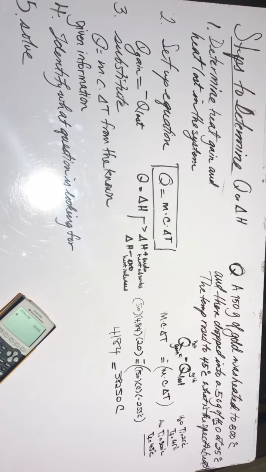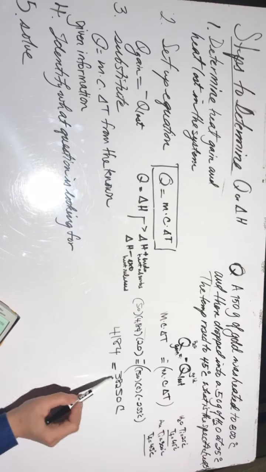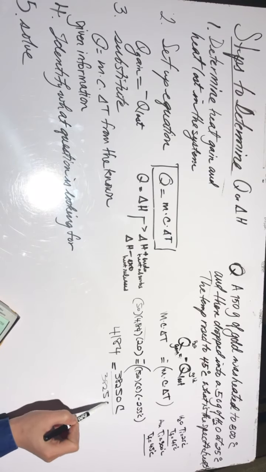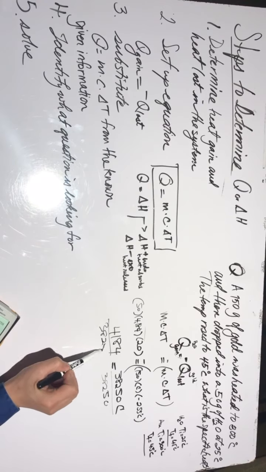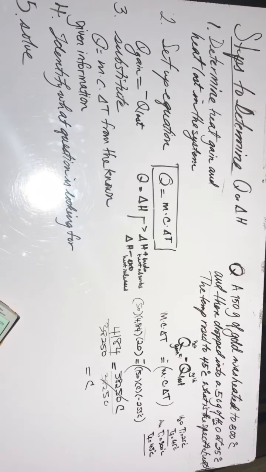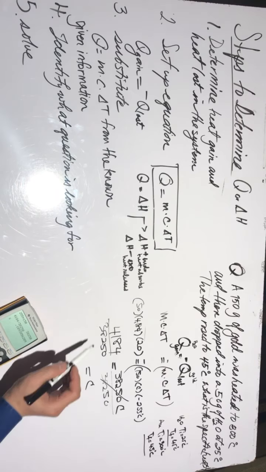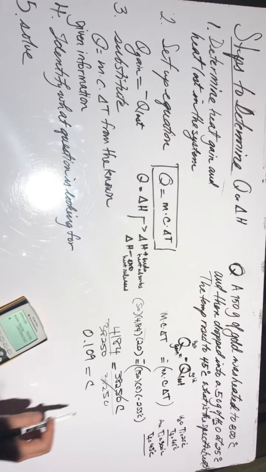So from here, it doesn't matter what you're looking for. You can be looking for the mass, you could be looking for the final temperature. The way you solve for it is the same. So now you do algebra. You divide by this one on both sides of the equation, because we're trying to look for C. The answer should be 0.109.